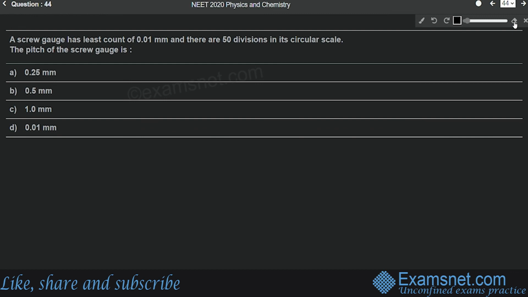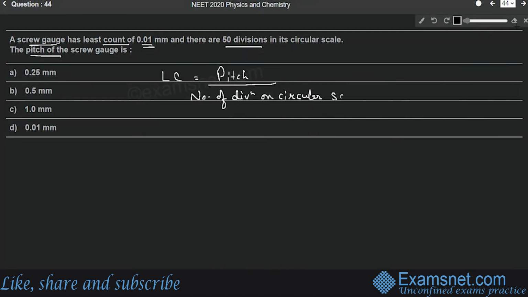Question number 44 is again from units and dimensions, and the question is, a screw gauge has least count of 0.01 millimeter and there are 50 divisions in its circular scale. Okay, so we have to find out the pitch of the screw gauge. What is the formula for least count? Least count is equal to pitch divided by number of divisions on the circular scale, right?